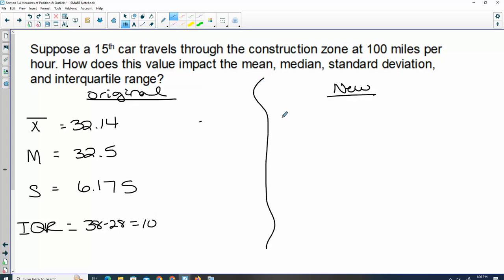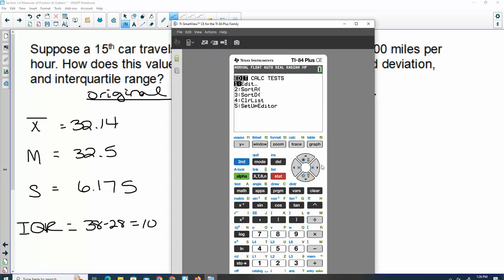Now let's do this same thing with our new data points. So all we have to do is go back to our list. And at the bottom, we are going to add in one more point. And it said this car was going 100 miles per hour.